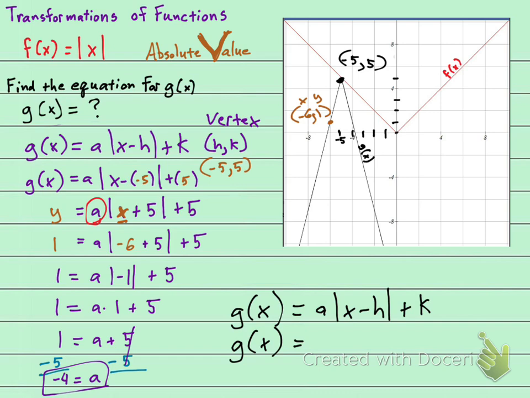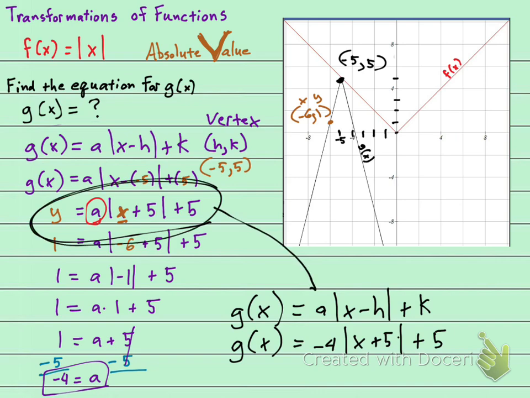I'll put that in black. -4, open absolute value, x minus h, which is -5. So that's x + 5, plus k, which is 5. Okay, we already had all of that right here. The only thing I'm doing is I'm putting in the -4 right here. You see plus 5 and plus 5, we already knew that. So here's my equation.